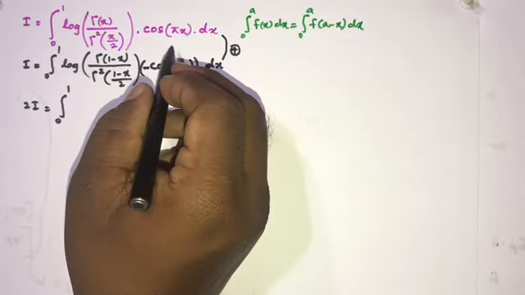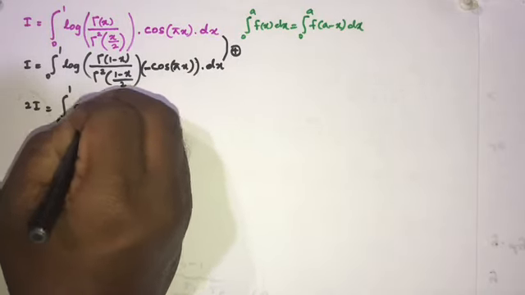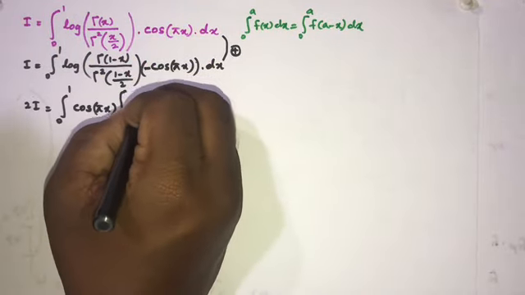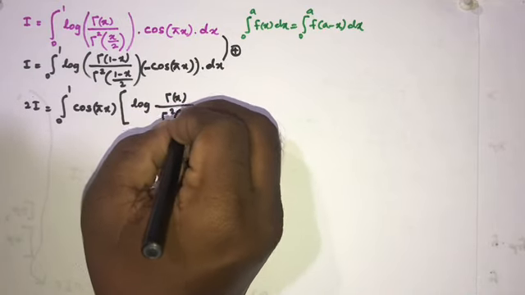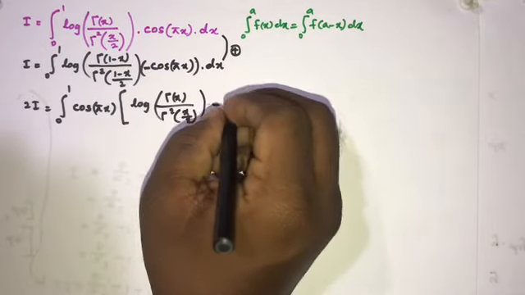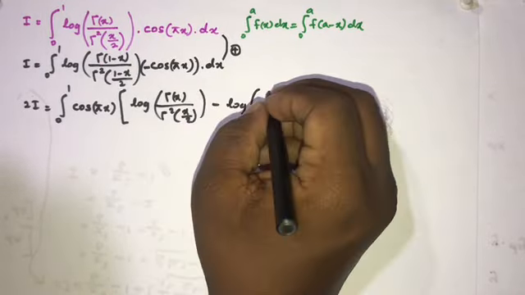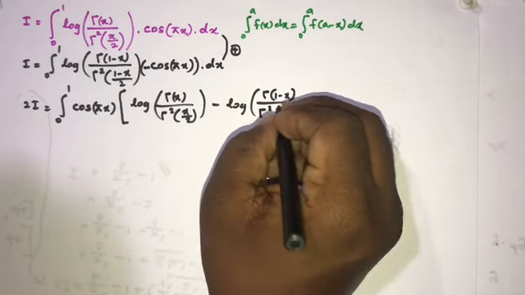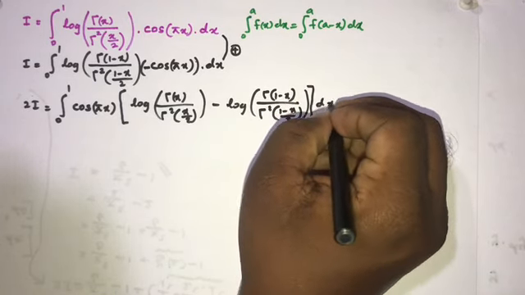Now we know cosine of pi x is a common factor, so cosine of pi x times natural log of gamma of x over gamma square of x over 2, minus natural log of gamma of 1 minus x over gamma square of 1 minus x over 2, dx.